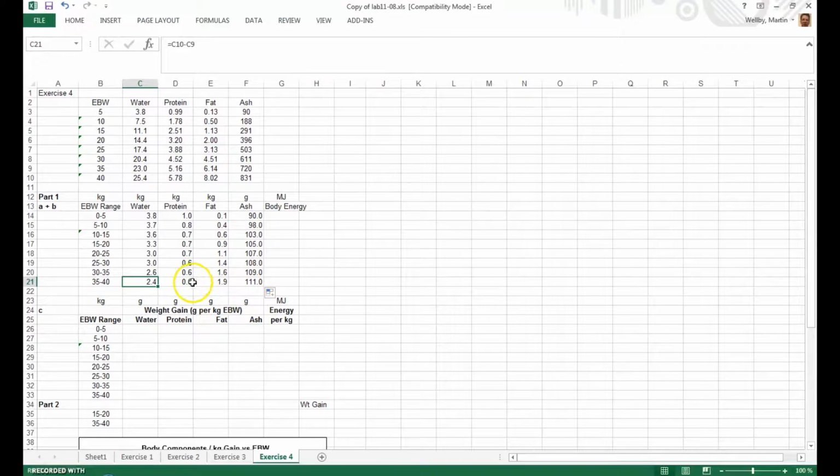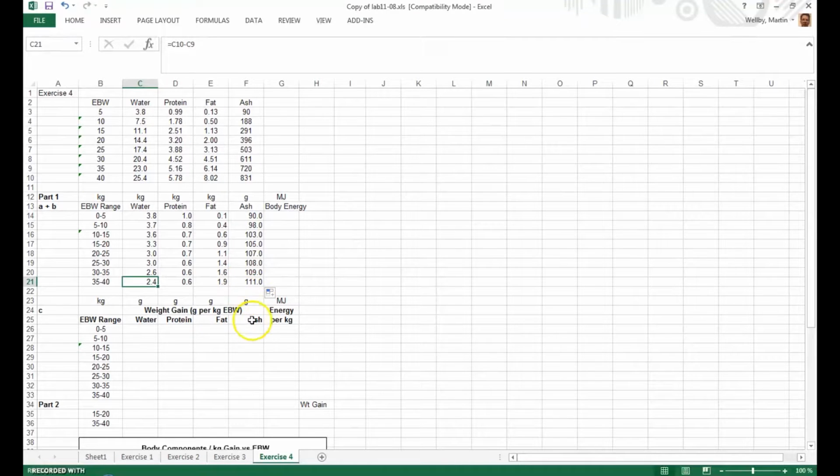Now the thing to notice here is water content is decreasing. The protein content of each of those 5 kilogram gains is going down, and the fat content is increasing. So as the animal gets larger, more of the body weight gain becomes fat, less of the body weight gain becomes protein.